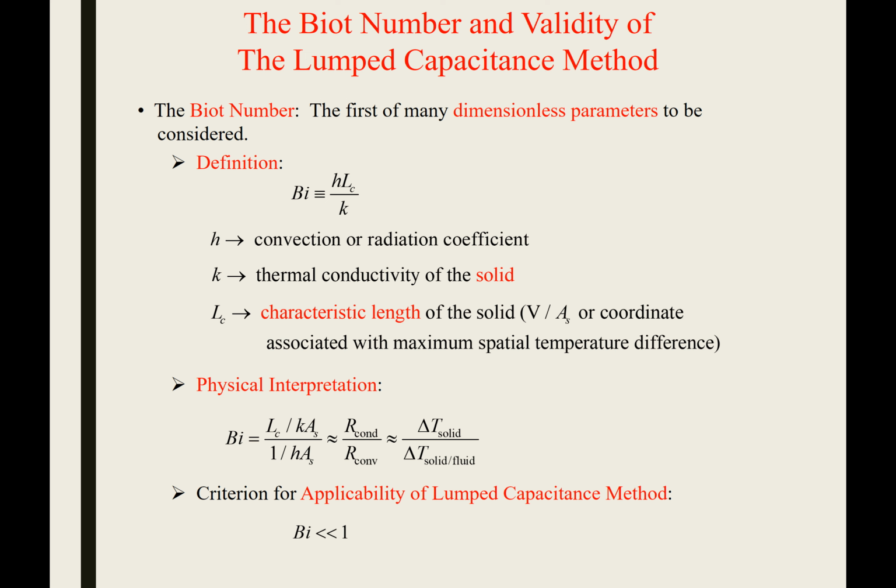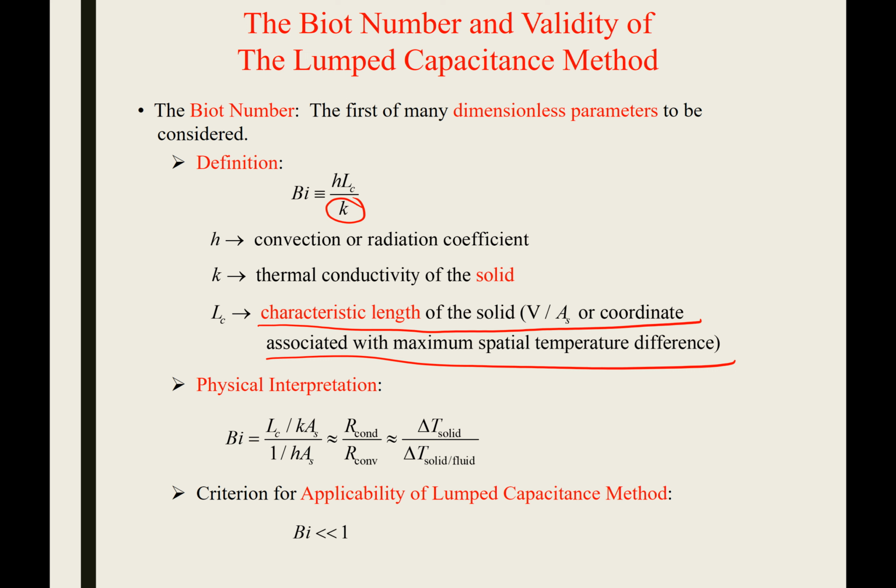So the Biot number is defined as h, which is our convection coefficient, multiplied by L sub c, which is a characteristic length of our solid. That characteristic length is given by the volume divided by the surface area. And then the product of h and L_c is divided by k.